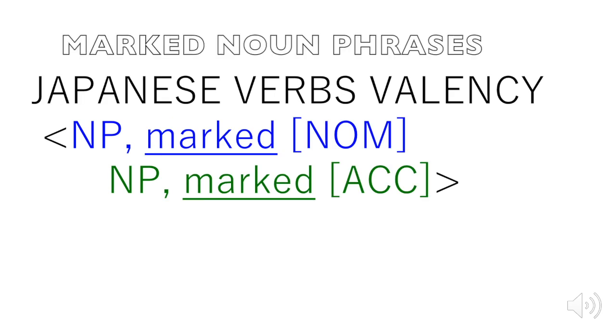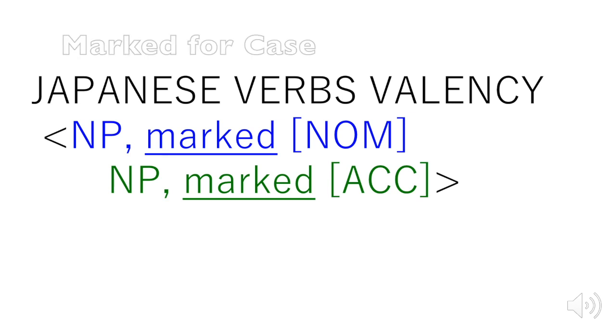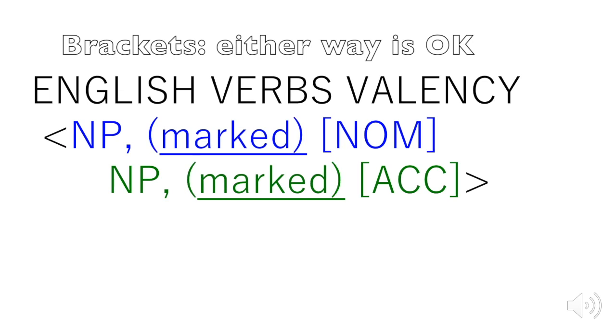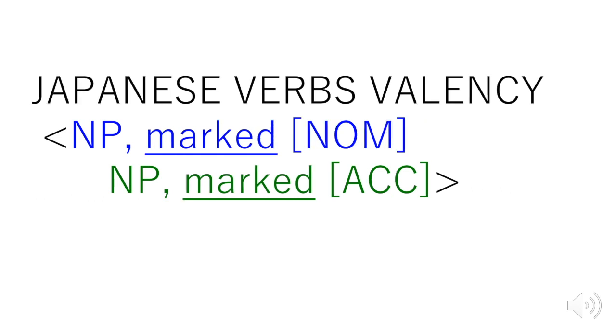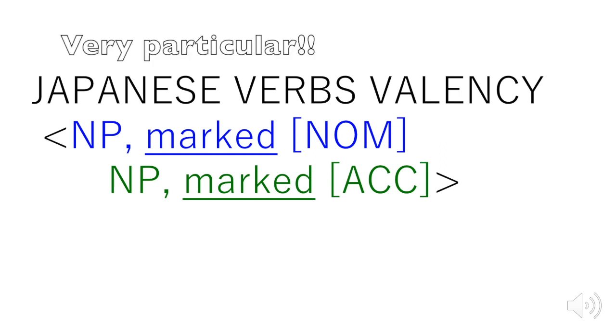Japanese verbs want marked noun phrases which are already marked for case. English verbs, by contrast, don't mind. They could be marked for case, or they might not be marked for case. Both ways are okay. Japanese verbs really want their noun phrases marked.